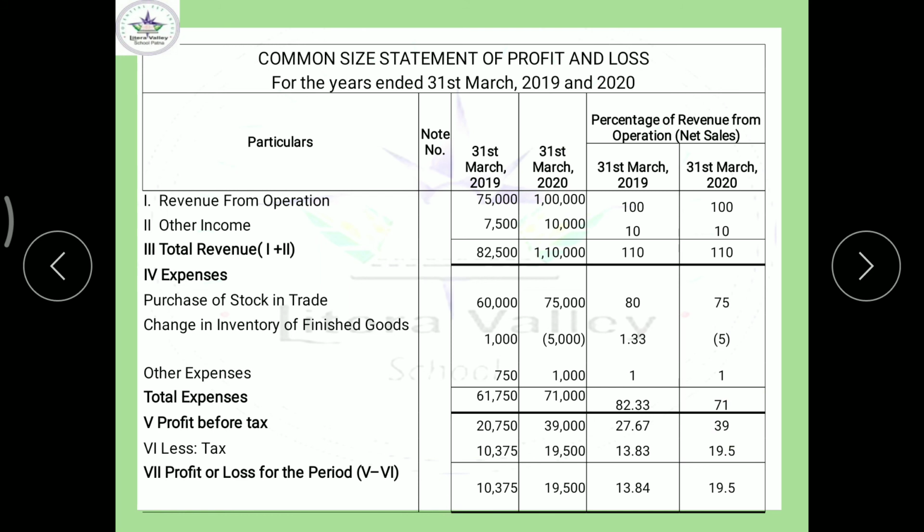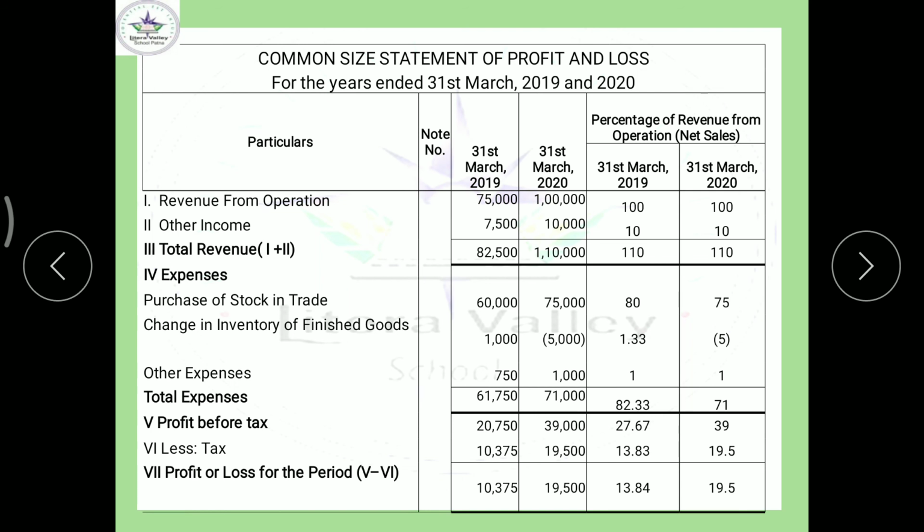Why is it called vertical analysis? Because the data are compared like this, going down. It is not comparable with another year. That is why it is called vertical analysis. While solving these, for comparative statement and common size, you have to keep only two keywords in mind.